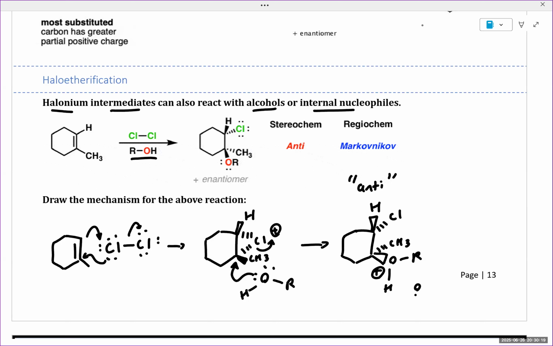From here, as a cleanup step, one of the alcohols is going to deprotonate, pull off a proton, and that in turn gives us our neutral haloetherification product. Of course, plus the enantiomer.